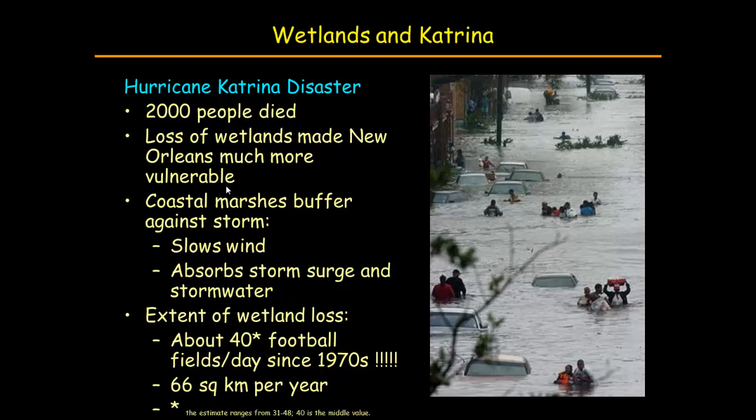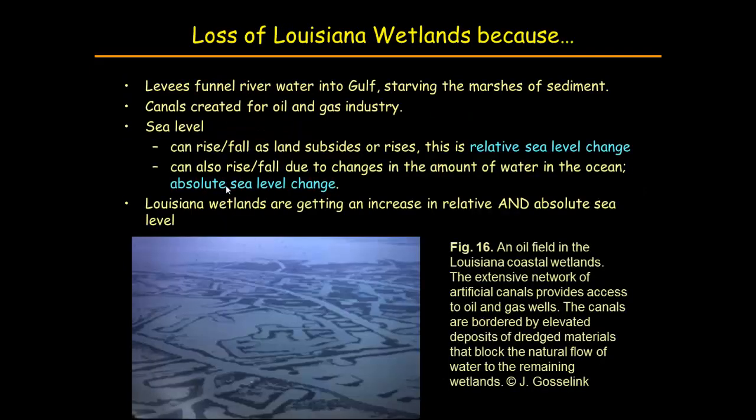of miles. All right. The loss of Louisiana wetlands has been contributed to by several things. Number one, levees that have been put along the Mississippi River that have prevented floodwaters from naturally going out into the marshes and delivering sediment. Now, marsh sediments are very soft and squishy, and over time they compact, just as gravity pulls them and tugs on them over time.